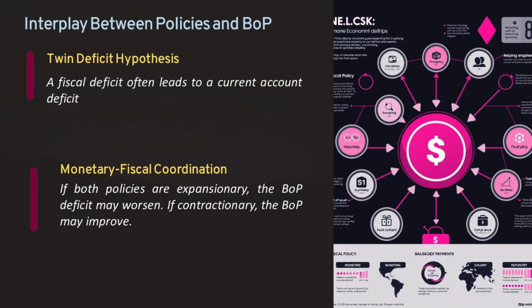Now, let us consider a situation. What will happen if both the policies are expansionary in nature? That is, monetary policy, which is taken by the Reserve Bank of India, and fiscal policy, which is taken by the Government of India in terms of taxes, non-taxes, and expenditure. If both are expansionary, the government is spending more compared to taxes, and in monetary policy the government will reduce the interest rate and increase the money supply.